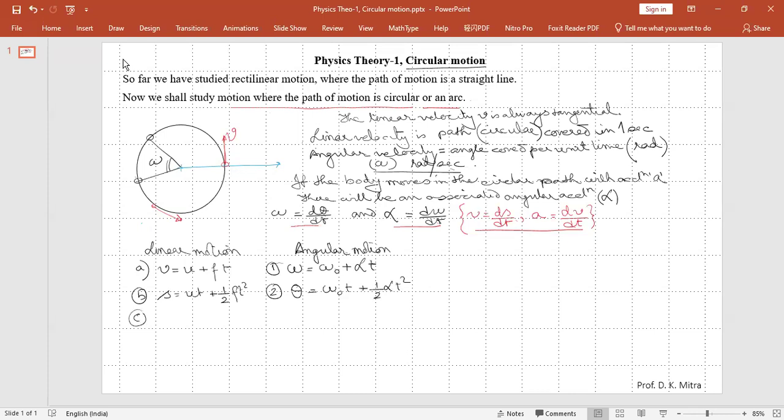Similarly, the third formula in linear motion is v square equal to u square plus 2fs, where f is acceleration, and here it is omega square equal to omega naught square plus 2 alpha theta. So you see the actual equations of motion are very simple.